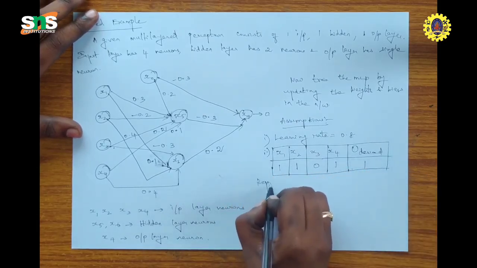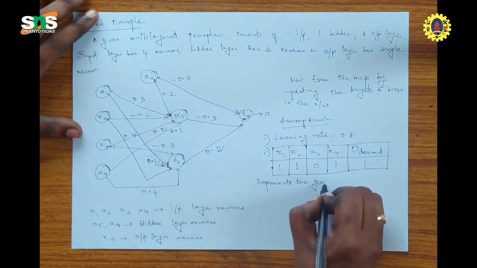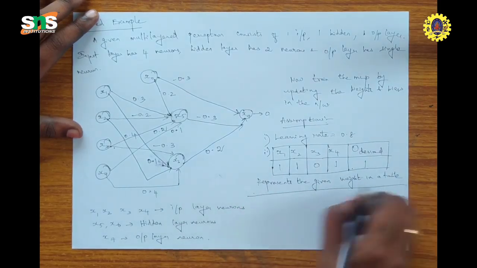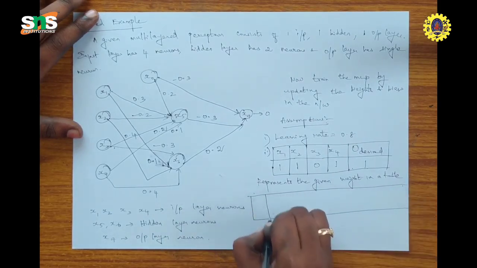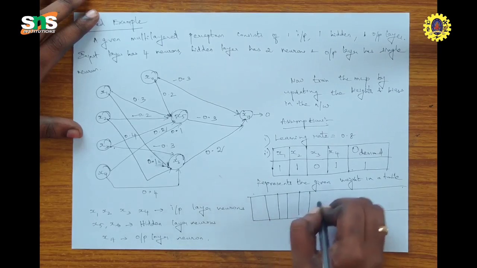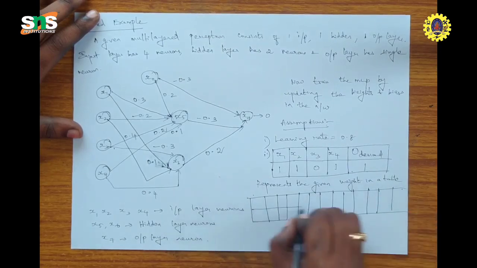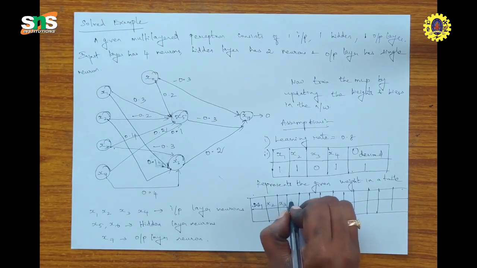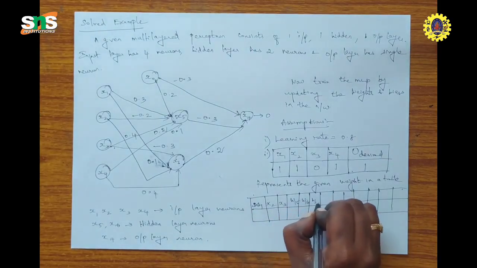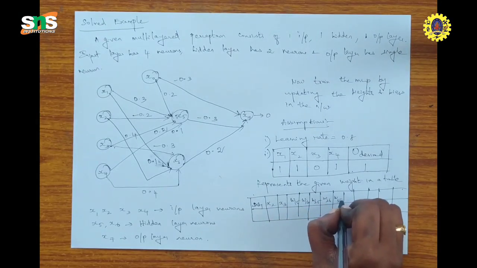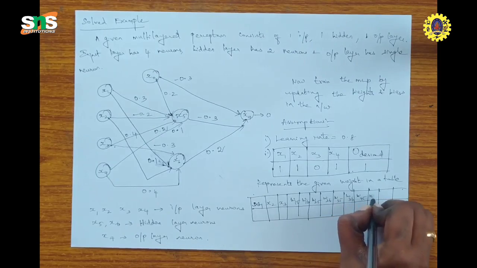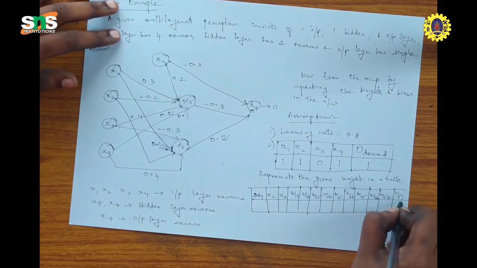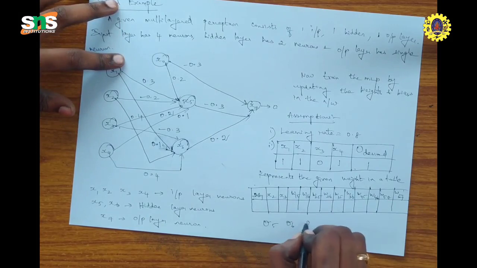We need to represent all the given weights in a table, with W1, x1, x2, x3, weight of 1,5, weight of 1,6, weight of 2,5, weight of 2,6, weight of 3,5, weight of 3,6, weight of 4,5, weight of 4,6, weight of 5,7 and weight of 6,7, and theta 5, theta 6 and theta 7.